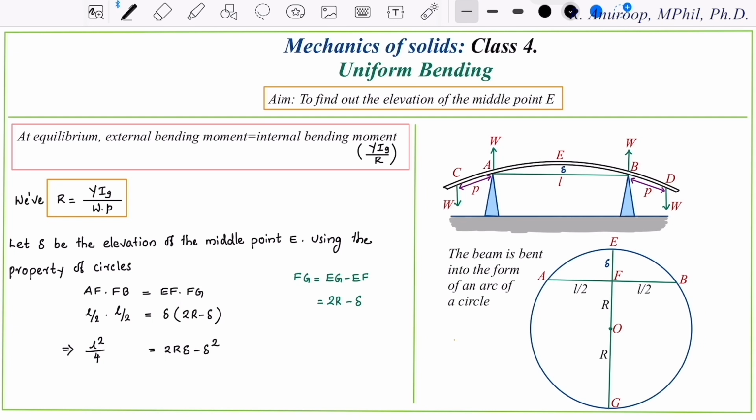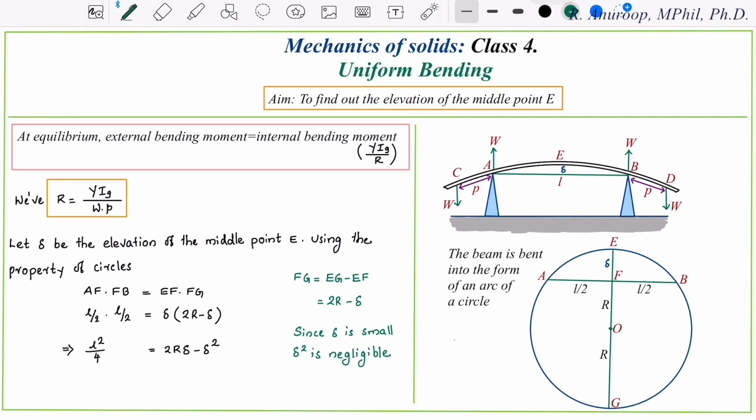What is delta? Delta is the elevation of the middle point. Now in uniform bending, the elevation delta is usually very small. Since delta is very small, delta square is negligible.